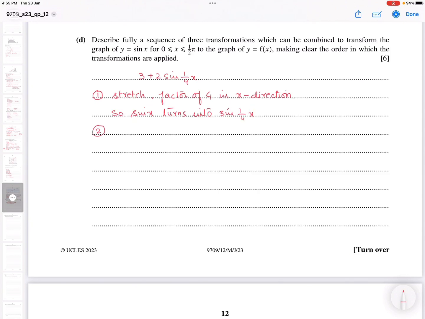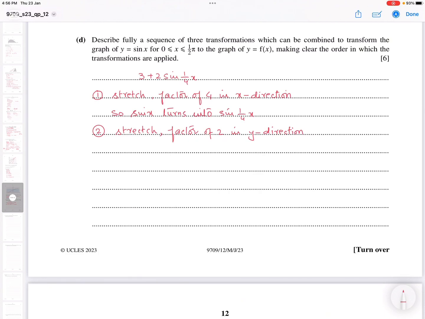Secondly, it's again a stretch with scale factor of 2 in y direction. So our steps start in the direction of x, then we will see the y direction, and it is always the multiplier of sine of x, which is 2 here.